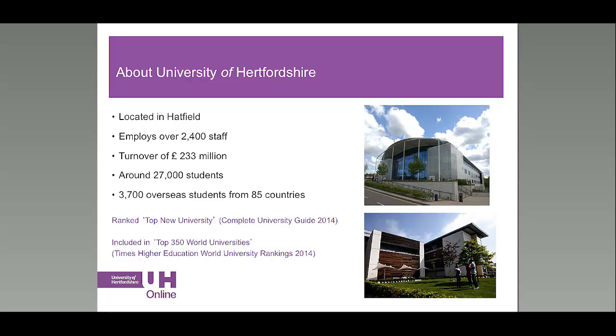Also, there are around 3,700 overseas students from 85 different countries. The university was ranked as top new university in the Complete University Guide in 2014. We were also included in the top 350 world universities in the Times Higher Education World University Rankings in 2011-12.